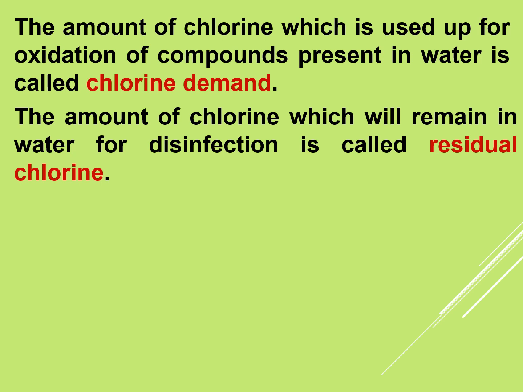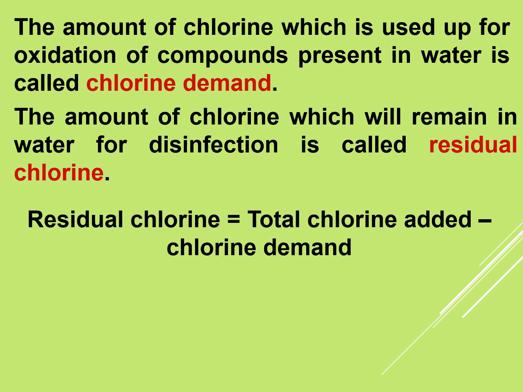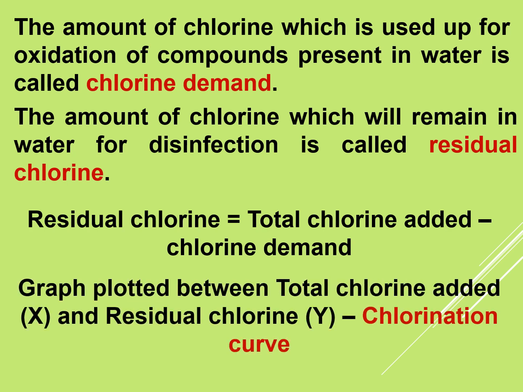So there is a simple mathematical relationship between this residual chlorine and the chlorine that is added. Residual chlorine is equal to total chlorine added minus chlorine demand. We can plot a graph between the residual chlorine and the total chlorine added, and that graph is called the chlorination curve.